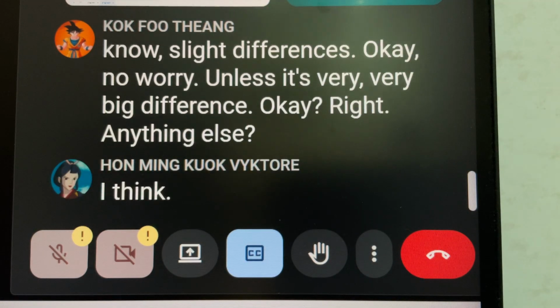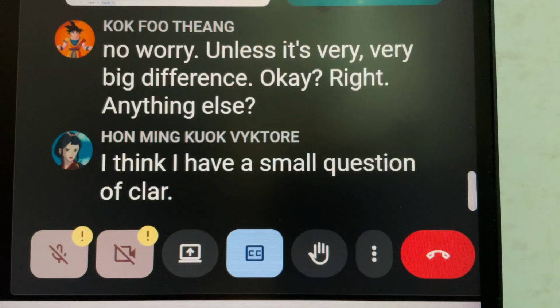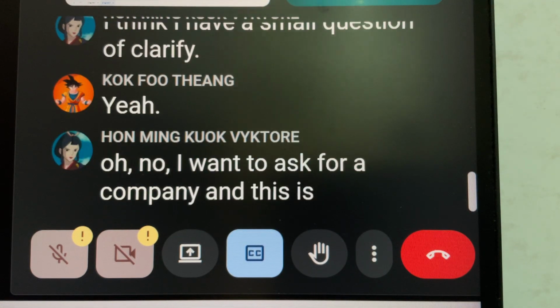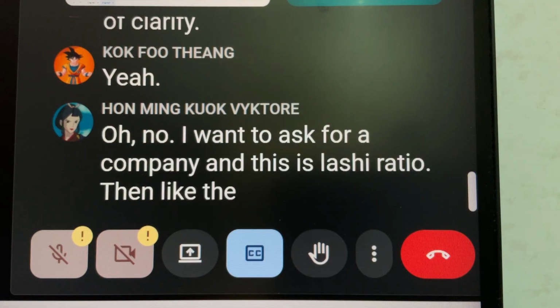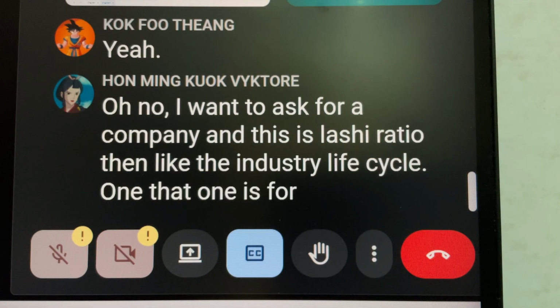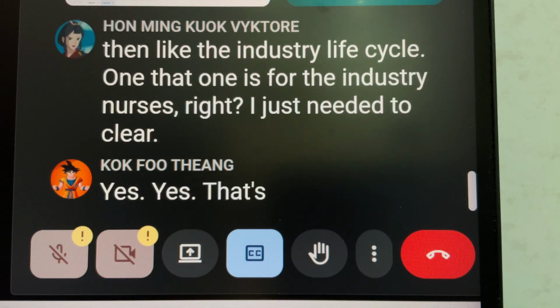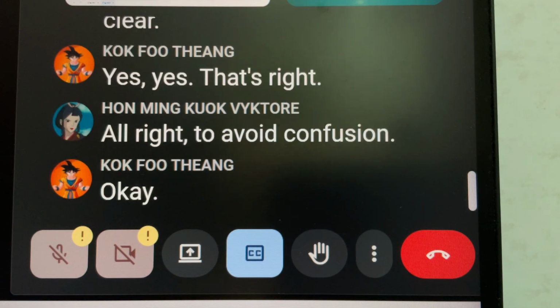I have a small question to clarify. For company analysis, it is largely ratios, and the industry life cycle is for the industry analysis, right? Yes, that's right, to avoid confusion.